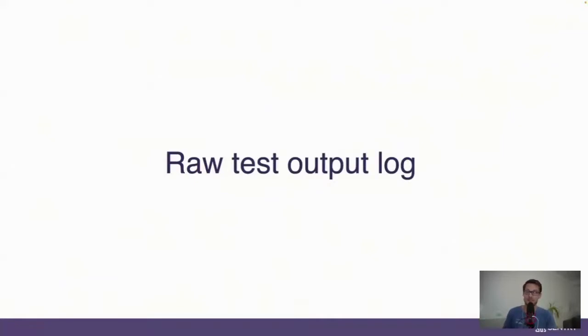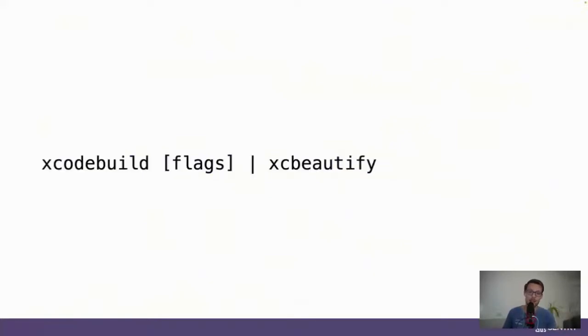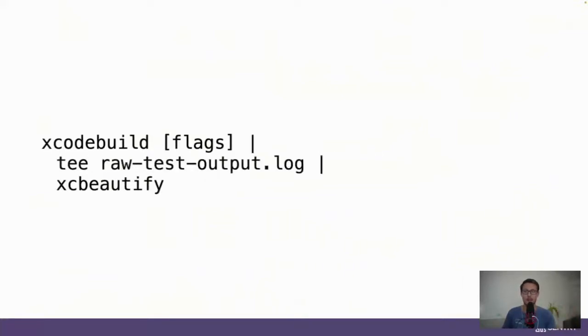But sometimes the raw test output log is very useful if the tool maybe hides some detail. So what I like to do in CI, when I have this simplified test output log, is to actually use the tee command to first put all the raw test output into a file and then forward it to xcbeautify.